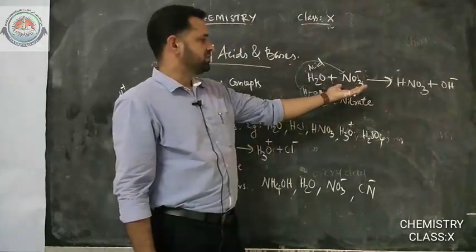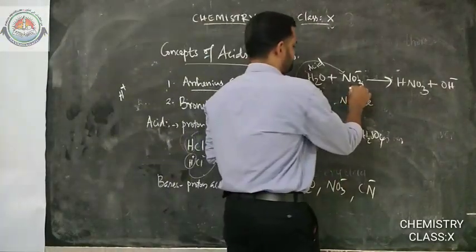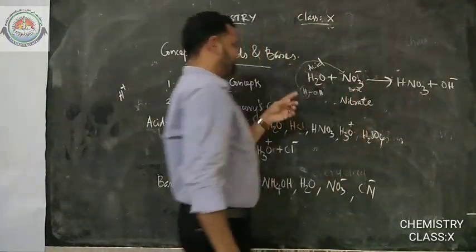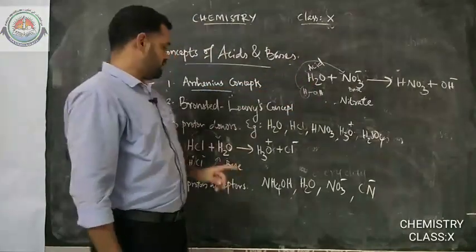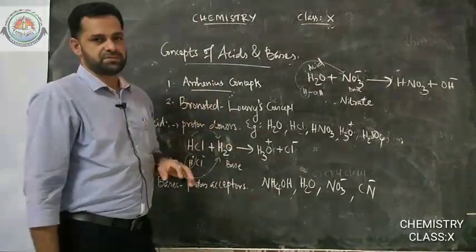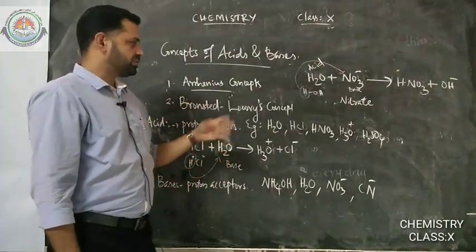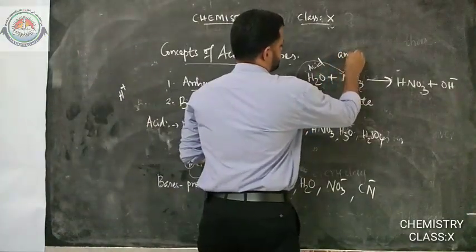Why? Because it is a proton acceptor. Now you can see here, in this reaction water acts as an acid and in the earlier reaction water acts as a base. These types of substances which act as both acids and bases are called amphoteric substances.